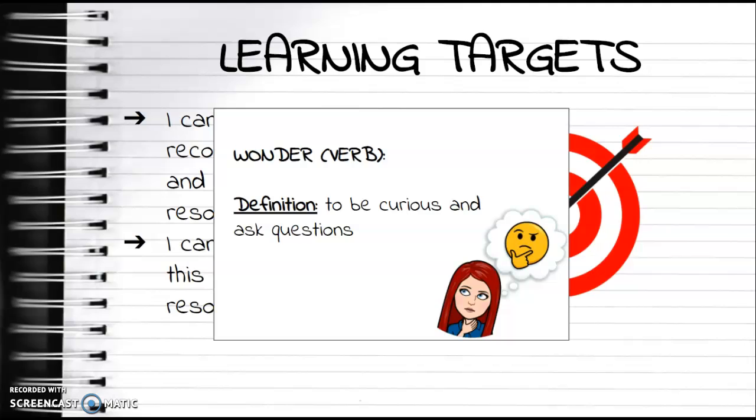So these would be who, what, when, where, why, and how questions. So remember that a wonder is a question that you're asking. And you always want to start those questions with the 5 W's and how.